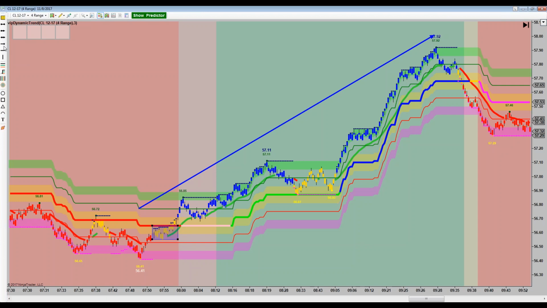So let's look at some examples of thrusts. Here is a thrust. A thrust is a push in a given direction. And then we have retracement. So we have pullbacks like that. And then we have another thrust like this. And then we have another retracement.